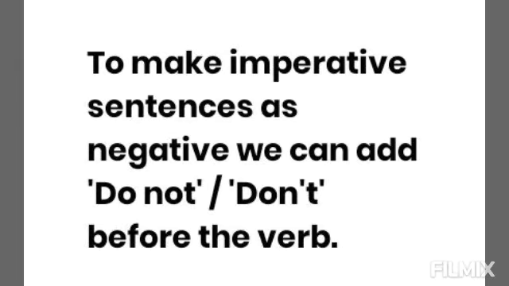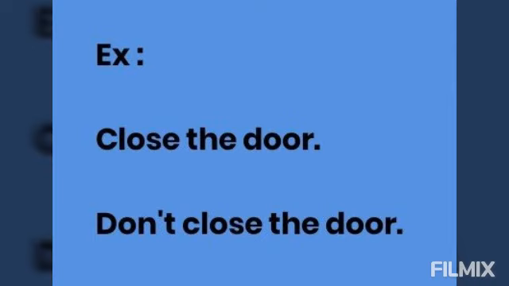We can just add do not or don't at first and write the remaining sentence as it is. Okay, example, close the door. Now, how can we make it negative? By adding don't at first. So, the negative sentence will be, don't close the door.